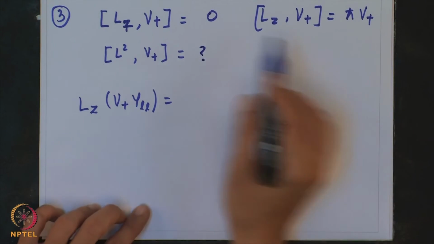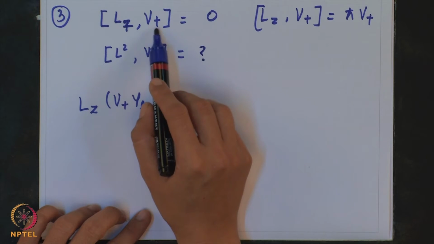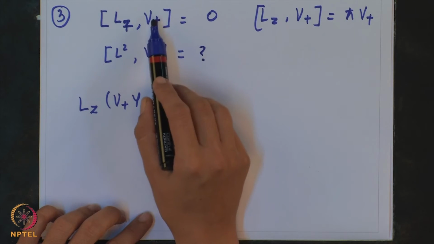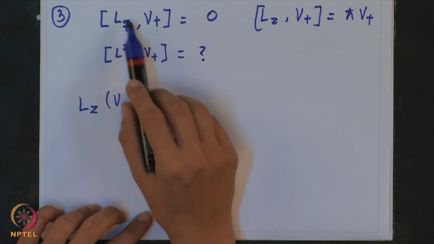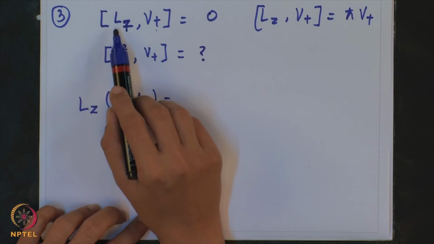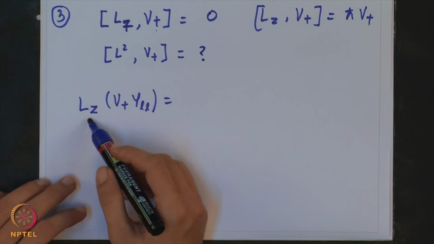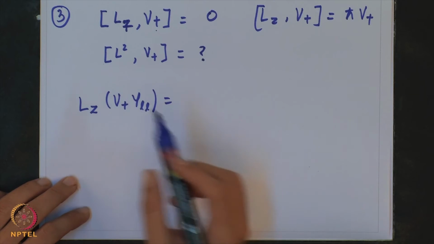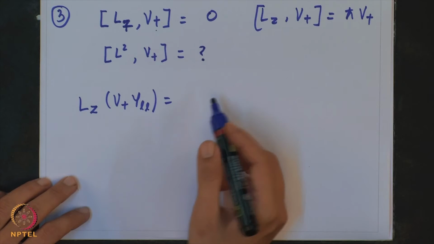So, V plus is a kind of raising operator similar to your L plus, but it may not act exactly like L plus. It is a new operator. So, when Lz is operated on this state, what do you expect or what do you obtain is the question.